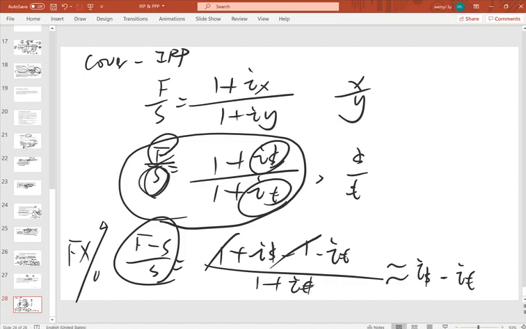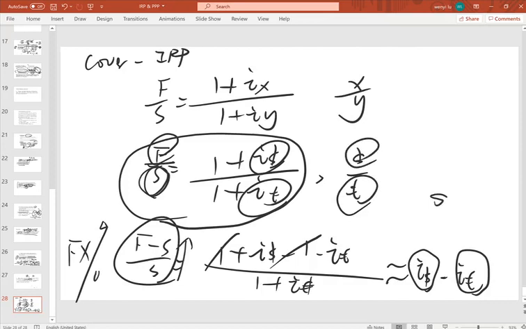So you can see here, if the US has a higher interest rate than the European countries, our exchange rate will go up. Goes up means for the same euro, it will get more dollars. So the dollar will depreciate, the euro will appreciate.